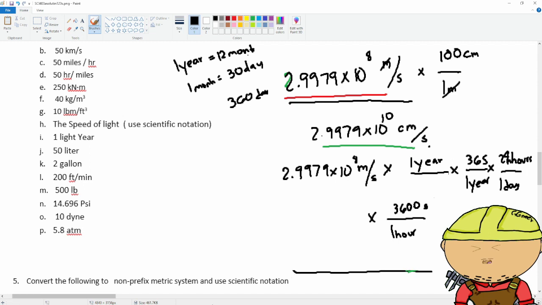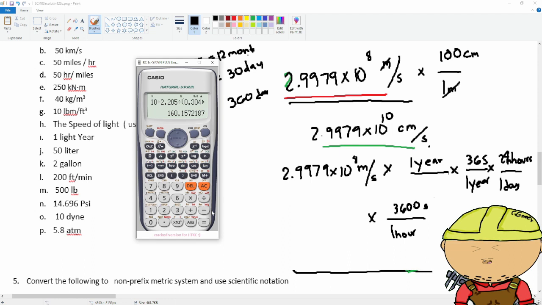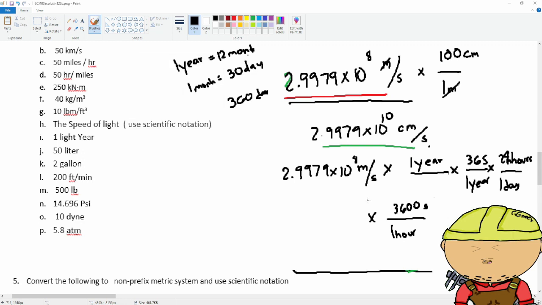How much distance is that? 2.9979 times 10 to the 8 times 1 times 365 times 24 times 3,600 gives 9.4542 times 10 to the 15 meters. So that will be our MKS.